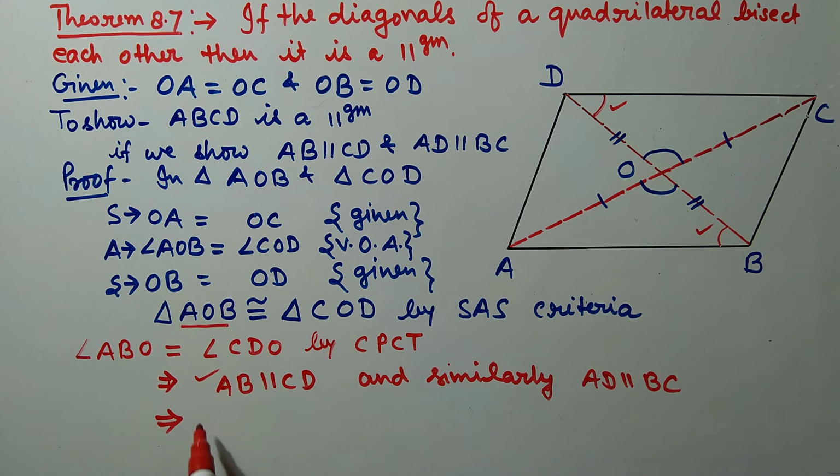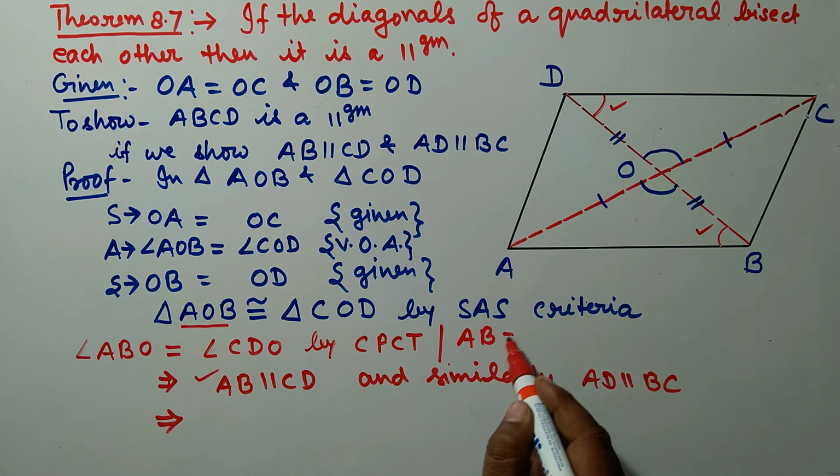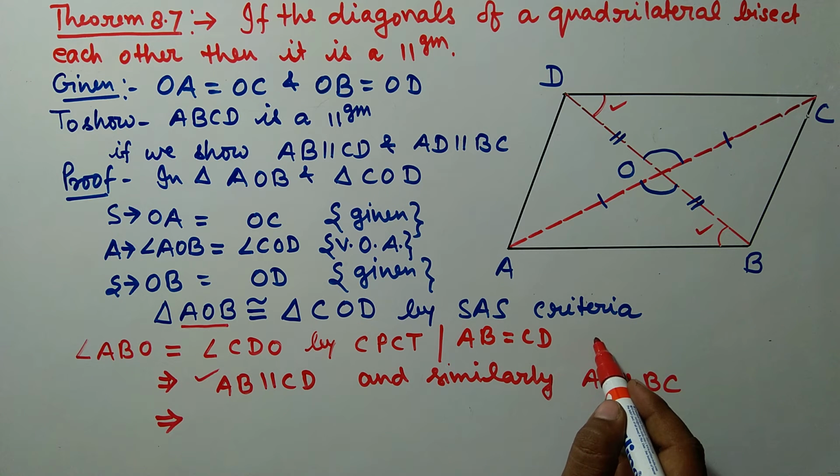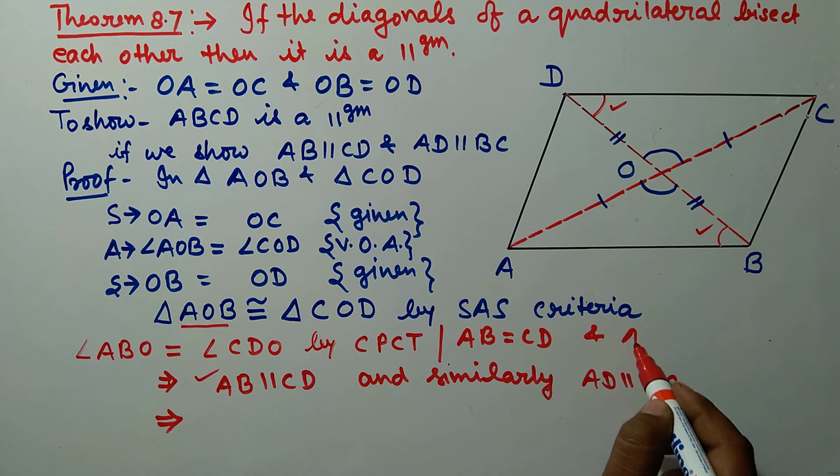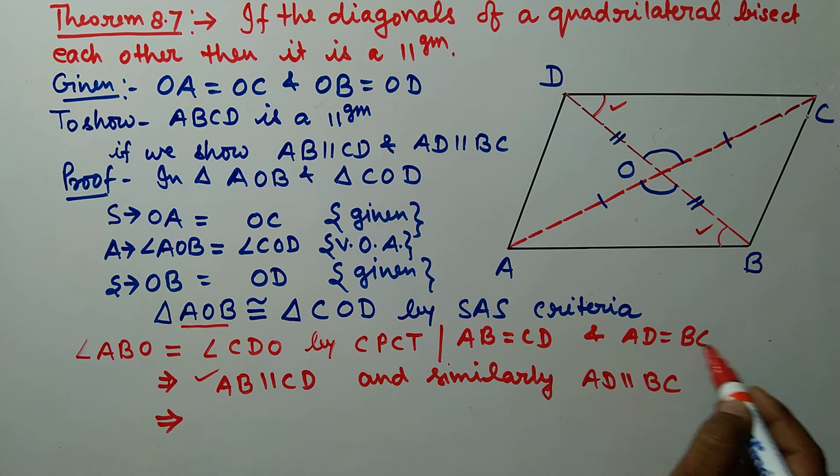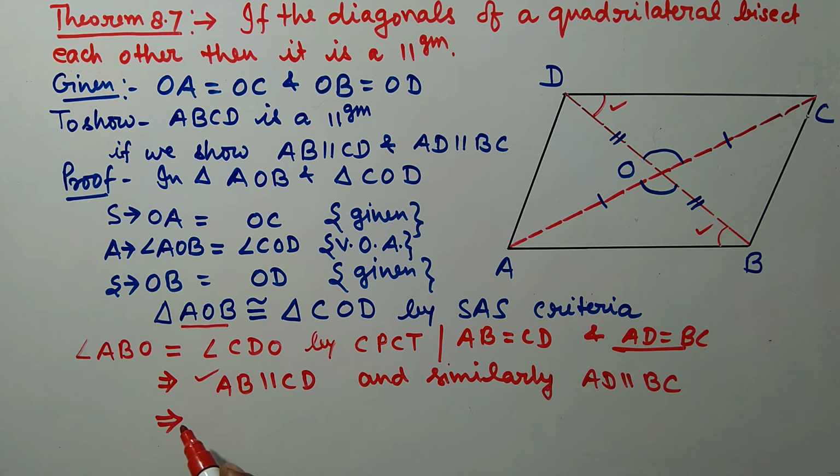If we find AB equal to CD and similarly AD equal to BC, that means by definition ABCD is a quadrilateral whose opposite sides are parallel and equal. That means ABCD is a parallelogram. So in this way we can prove this theorem.